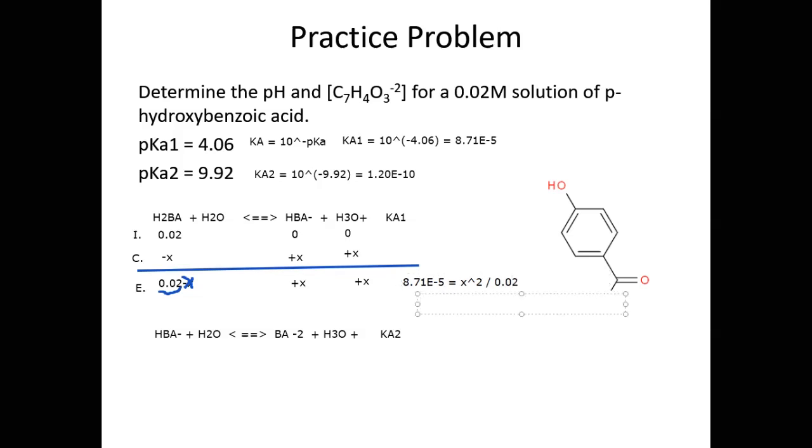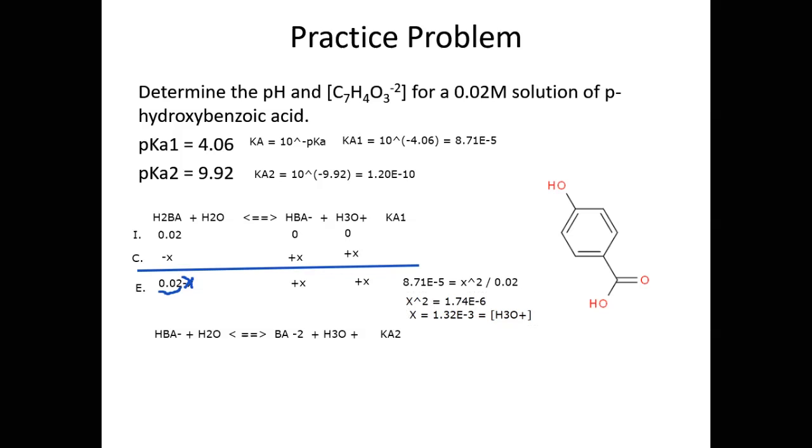And then x squared equals 1.74 e to the negative 6. And then x equals 1.32 times 10 to the negative 3, which equals the hydronium ion concentration.